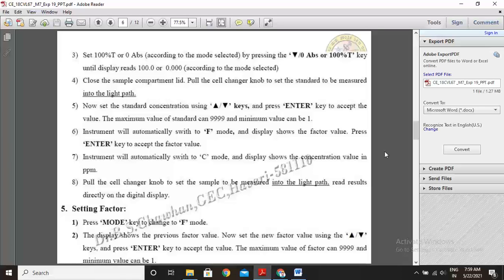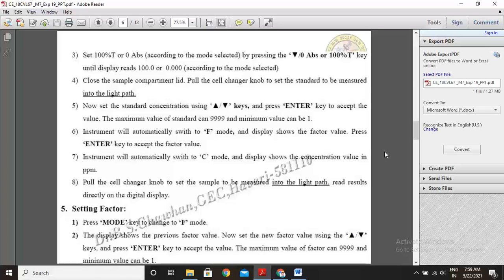The next step, now set the standard concentration using the increasing or decreasing key and press the enter key to accept the value. Here the maximum value of the standard can be selected is 4/9 and the minimum value can be 1.